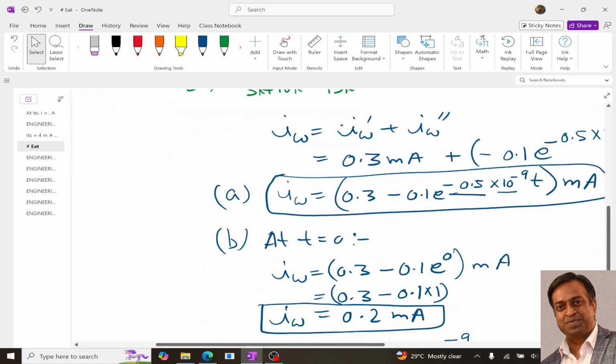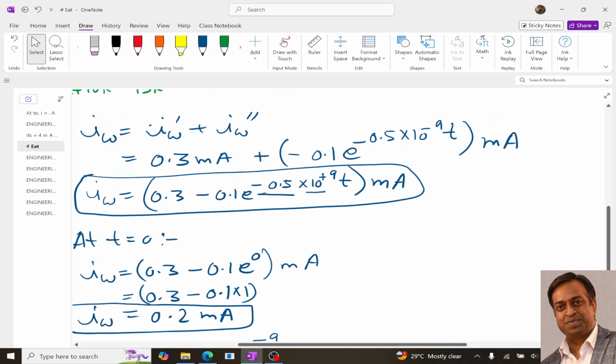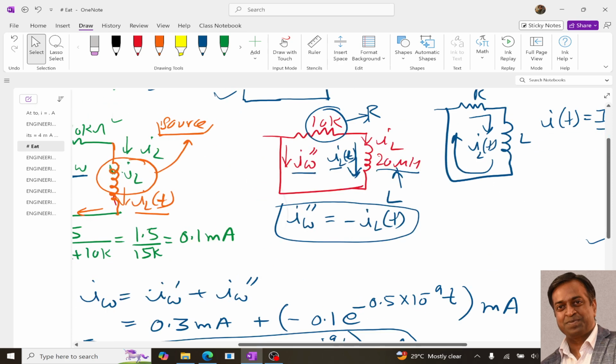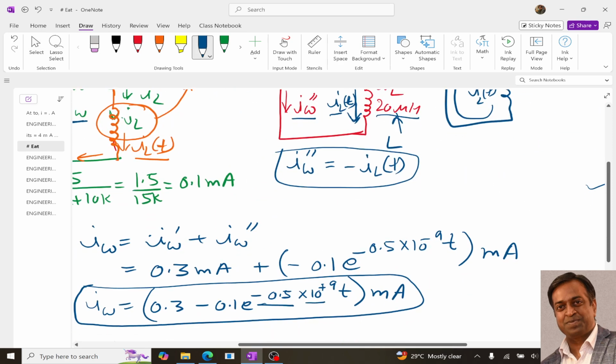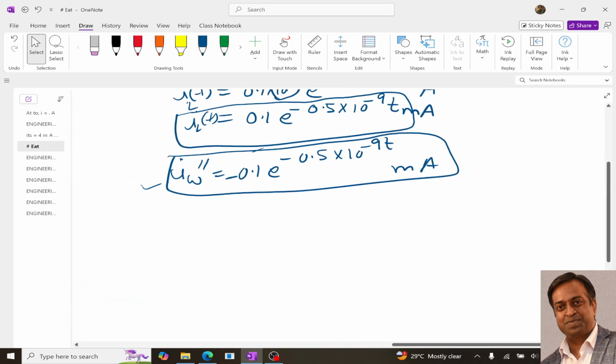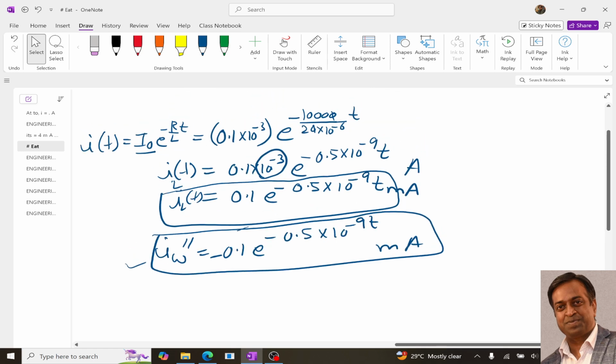Sorry, in this expression it will be plus 9, not minus 9. You can see that over here also, this expression is the one that we obtained over here.